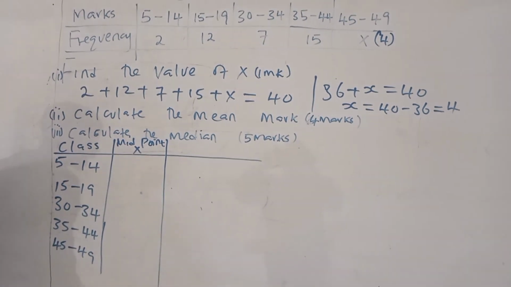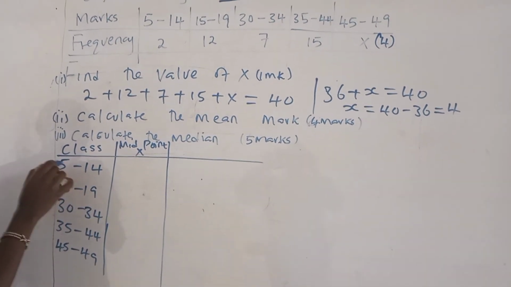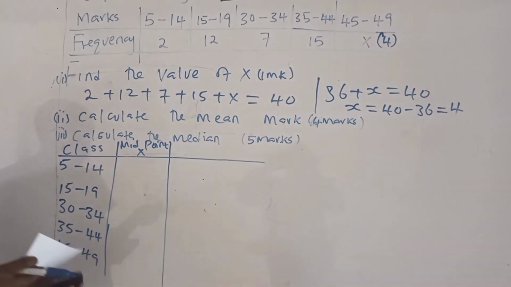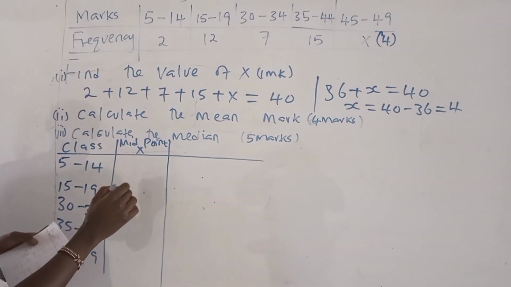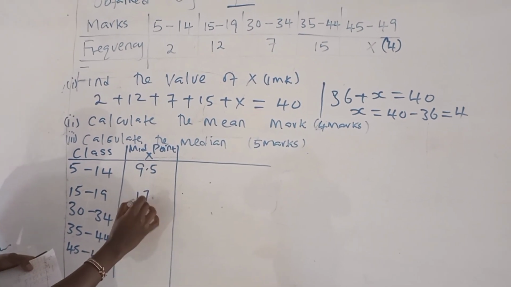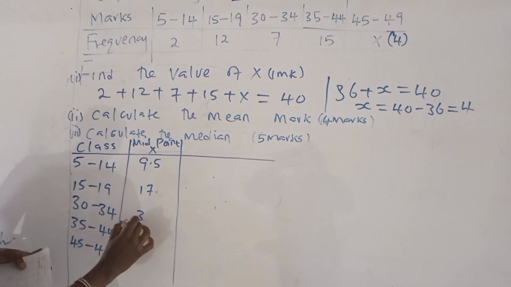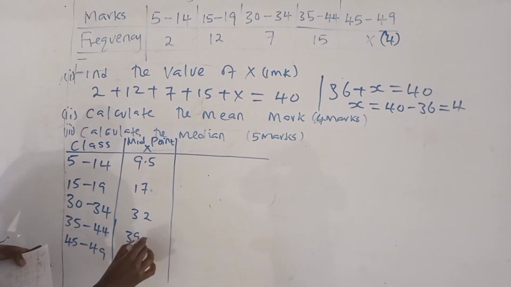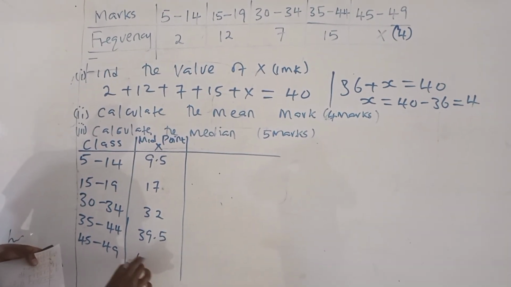which we call x. For the midpoint, you add 5 plus 14, then divide by 2. When you do that, you get 9.5, this is 17, this is 32, and then this is 39.5 and 47.